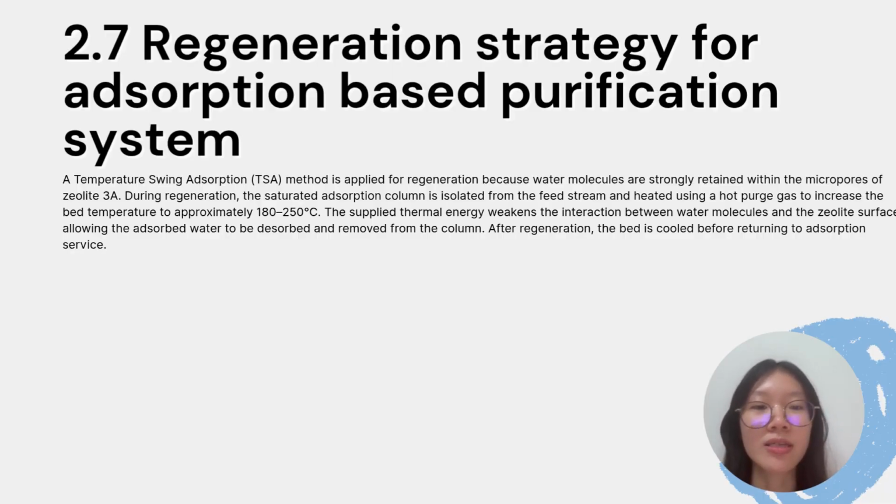A bed porosity of 0.4 is assumed, which is a typical value for a packed adsorption bed. The adsorption capacity is set as 0.2 kg water per kg adsorbent, representing a typical value for Zeolite 3A used in dehydration applications. A downflow configuration is selected to reduce channeling and improve contact between the methanol stream and the adsorbent.